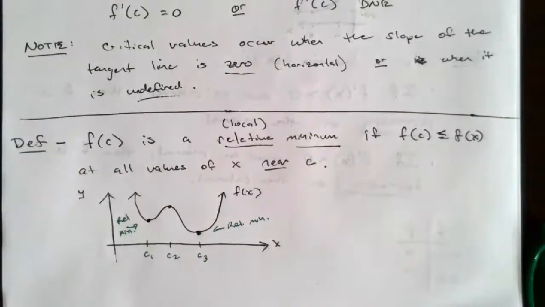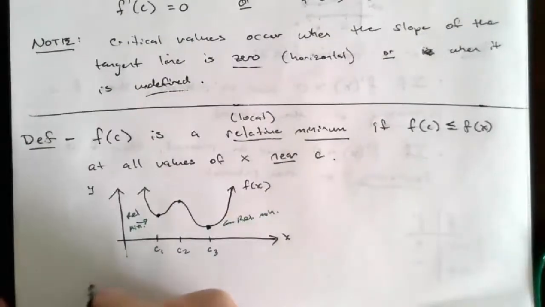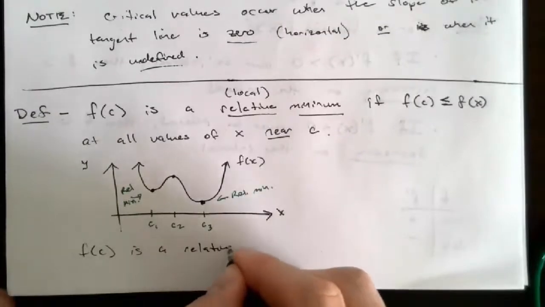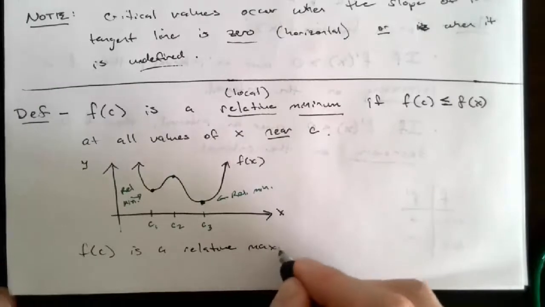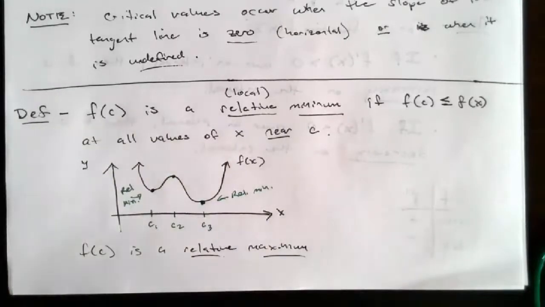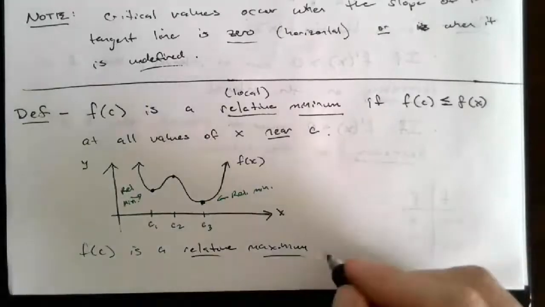And now we can also talk about relative maximums, where the graph is going upward and then coming back down. So kind of like a peak. It's the same type of definition. So f of c is a relative maximum. Remember, we could say local. Relative and local are the same word here.